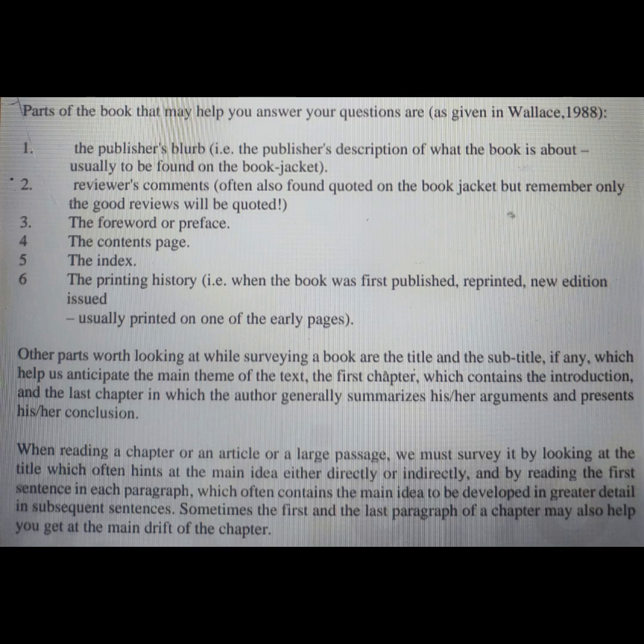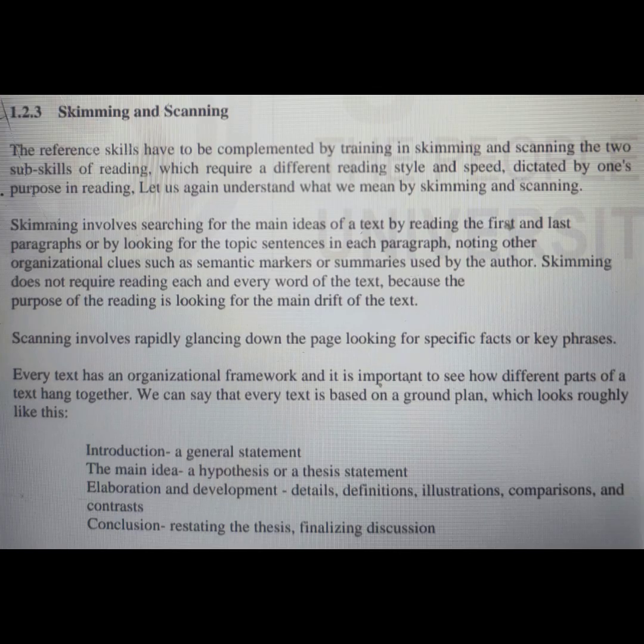When reading a chapter or an article or a large passage, we must survey it by looking at the title, which often hints at the main idea either directly or indirectly, and by reading the first sentence in each paragraph, which often contains the main idea to be developed in greater detail in subsequent sentences. Sometimes the first and the last paragraph of a chapter may also help you get at the main drift of the chapter.